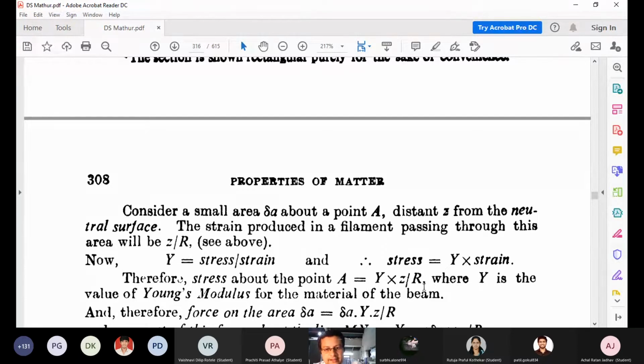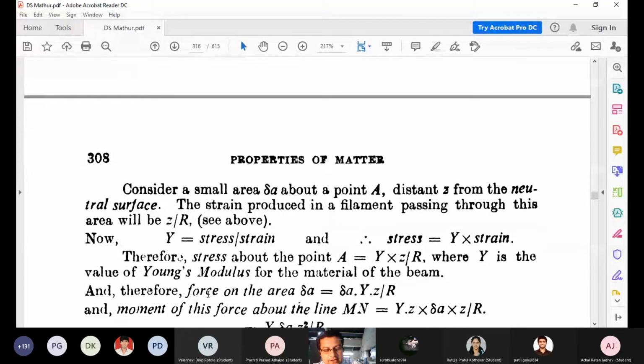Strain की value यहाँ पे add की है. Strain का value कितना है? z by R. So we just multiply Y with that z by R. Where Y is the Young's modulus of the material we already mentioned, and therefore you can write down the stress. Stress is nothing but force acting per unit area, we consider delta A over there.